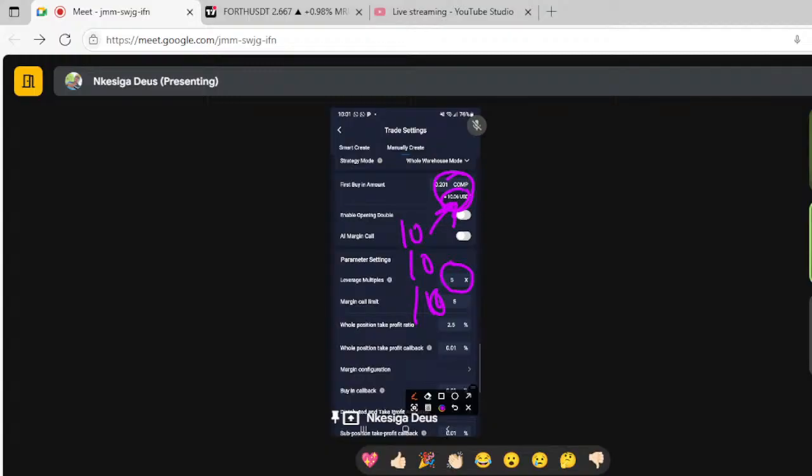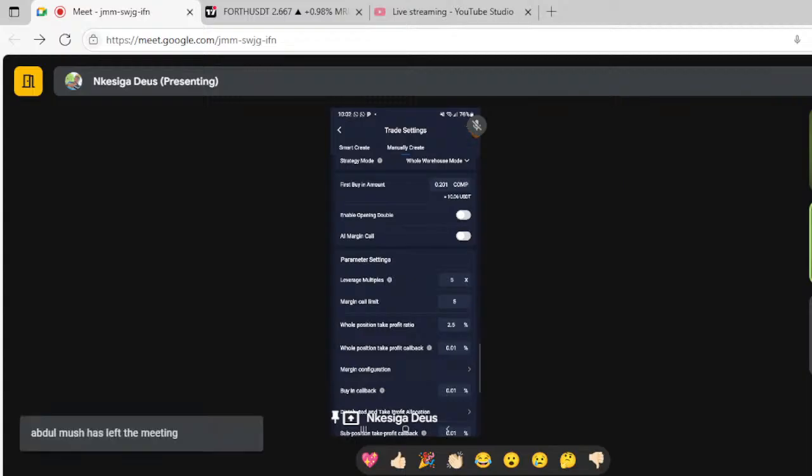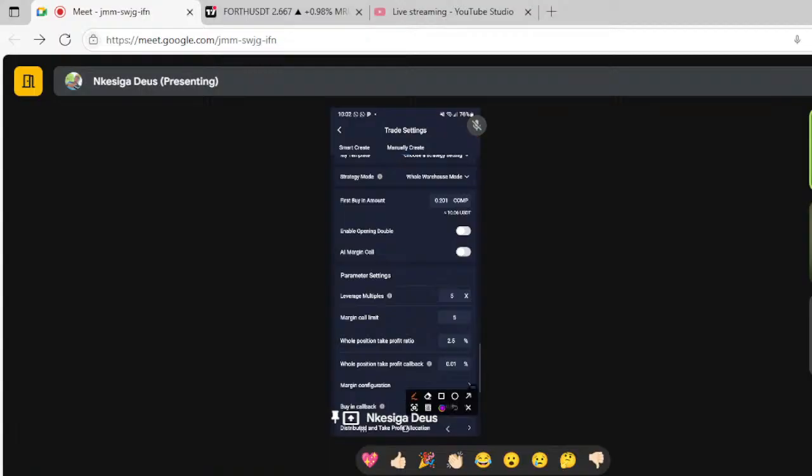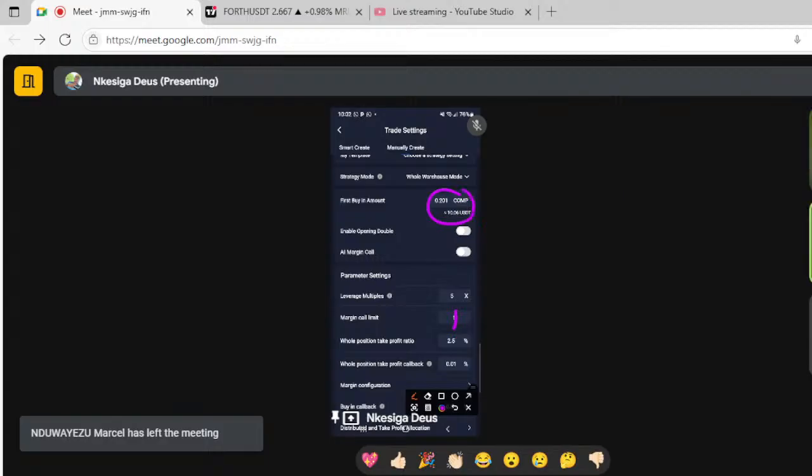But if I'm not putting margin calls, and I just said, okay, I have $10, I want to trade 5x, which is 50? It will take 10 also. Yes, if you don't want to buy margin calls as well, you want to buy only one time, and here you are allocating $10, of course, you will buy with 10. Simple. But the profit it will give me will be 10 times 5x.